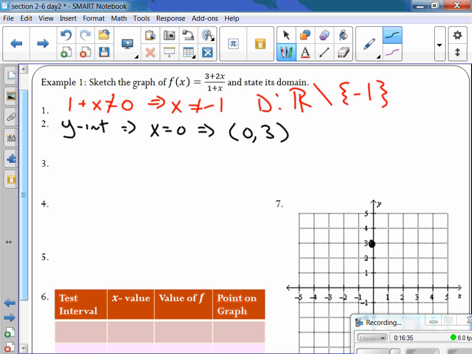What about our x-intercept? Is that the numerator? All right, and that gives us what?